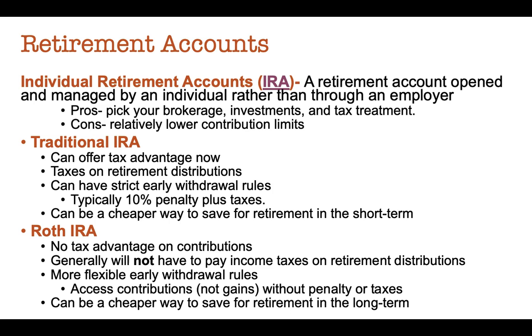Has similar early withdrawal rules, your income taxes plus 10%. So the big draw of the traditional IRA, much like the 401k, is it can be cheaper to save for retirement in the short term because those tax breaks are offered.